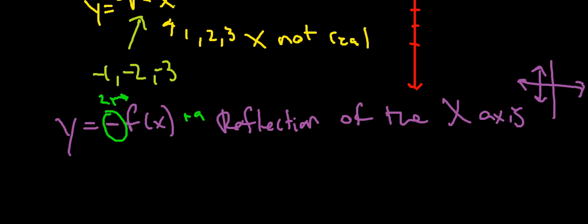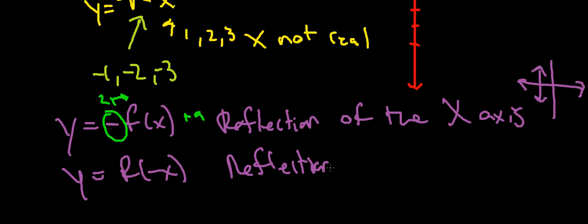And when we have y is equal to f of minus x, where we replace in our function x with minus x, this is going to be a reflection of the y-axis.